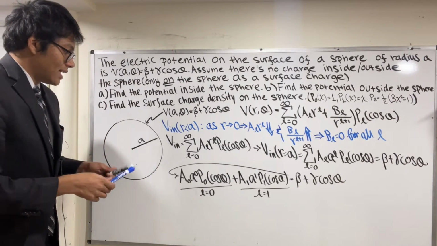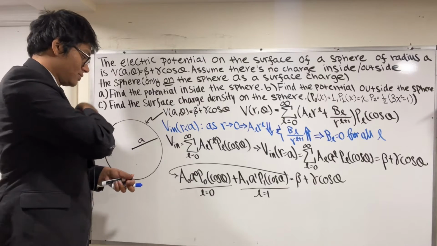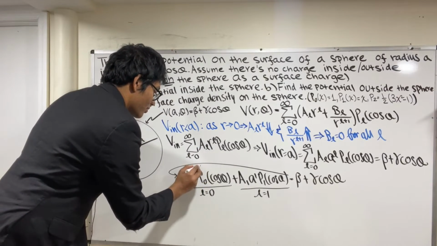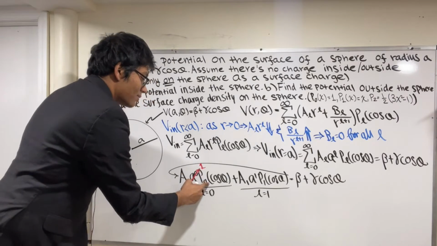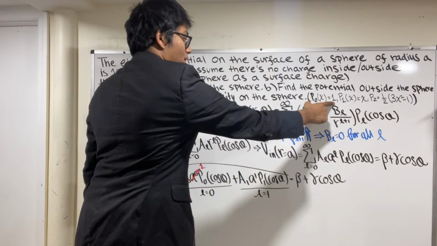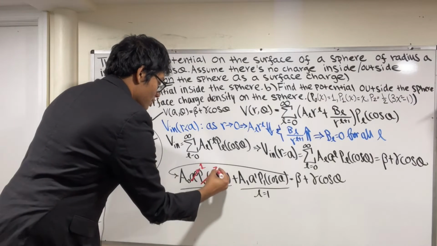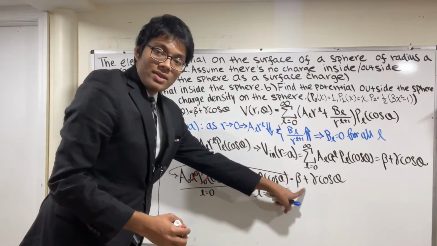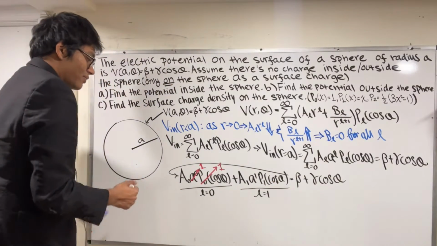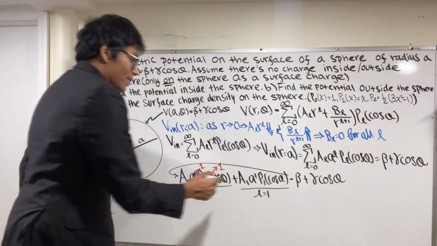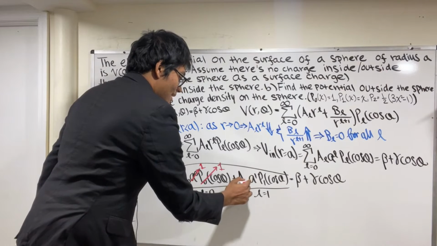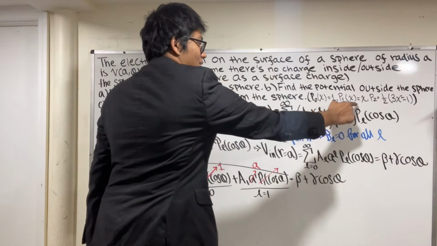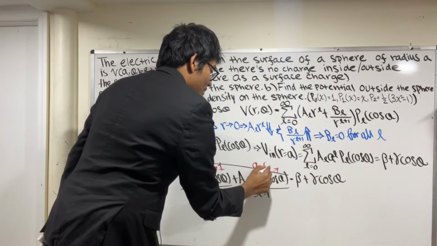Now, of course, A to the 0 is simply 1. Anything to the 0th power is 1. The 0th Legendre polynomial is simply 1 as given here. Now A to the 1 is just A, and P sub 1 cosine theta, the first of those polynomials, is just going to be cosine theta.